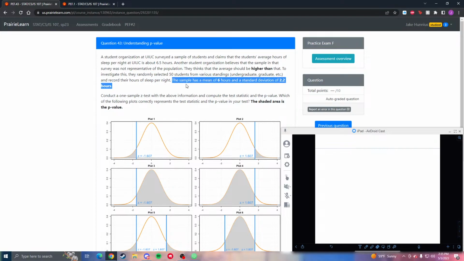The sample has a mean of 6 hours and a standard deviation of 2.2 hours. Conduct a one sample z-test with the above information and compute the test statistic and p-value.